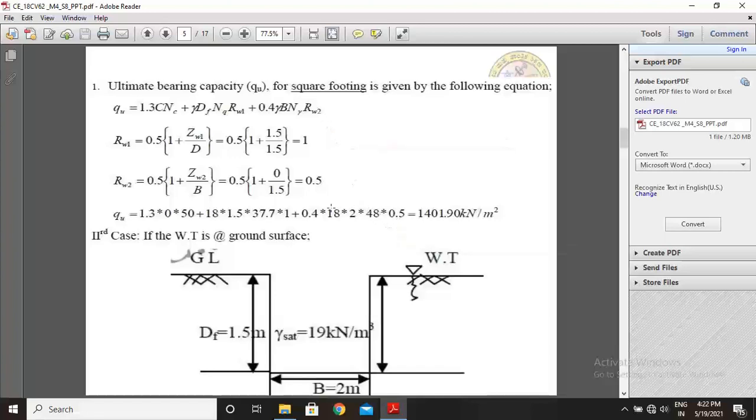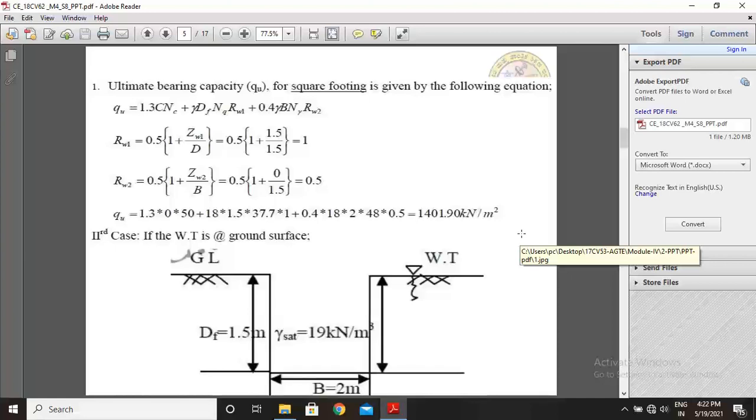So after calculating these values, we are getting 1401.90 kilonewton per meter square. This is the ultimate bearing capacity for square footing when the water table is at the base of the footings.